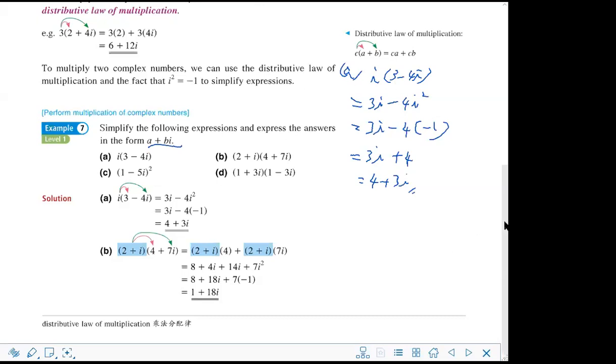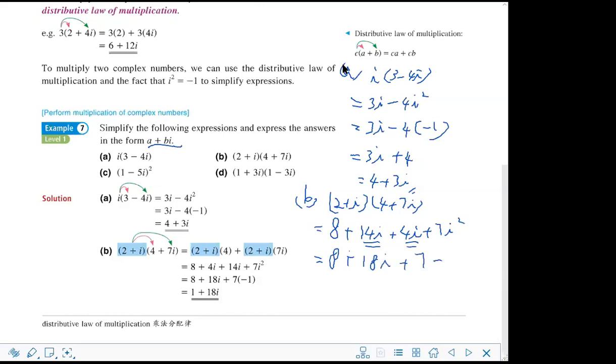And then part B is 2 plus i times 4 plus 7i. So it is 2 times 4 is 8 plus 14i plus 4i plus 7i square. So we have like terms. 8 plus 14i plus 4i is 18i. And then the i square is changed to -1. Okay?